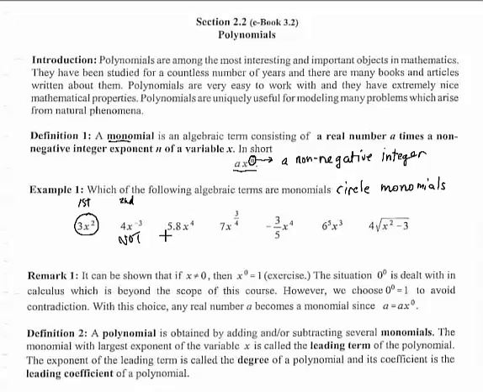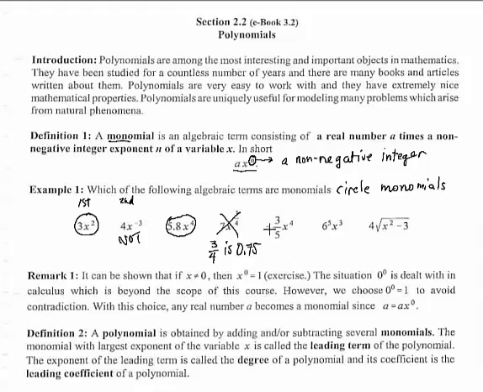We only want non-negative integer exponents. I will circle the next one. 5.8x to the fourth is a monomial. 7x to the 3/4 is not. 3/4 is 0.75. It's not an integer exponent.